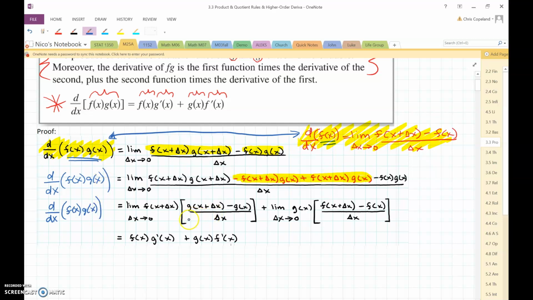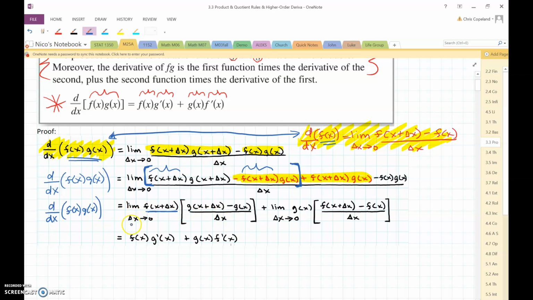Alright, step 3. Now what we're going to do, right here, so what I've got in these blue brackets here, I'm going to factor out f of x plus delta x. If I do that, I'll be left with g of x plus delta x minus g of x all over delta x.